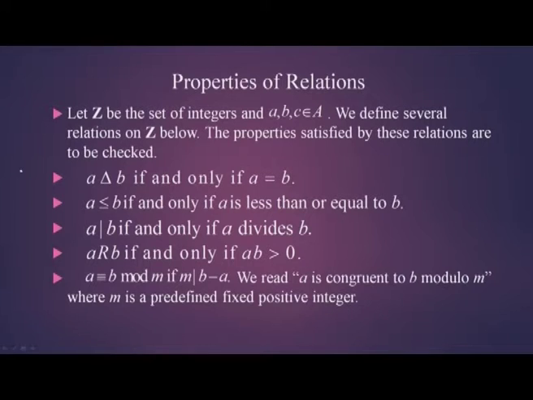So, a delta b if and only if a is equal to b. So, this is the equality relation.